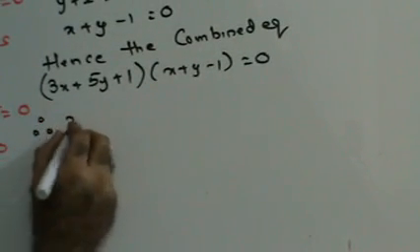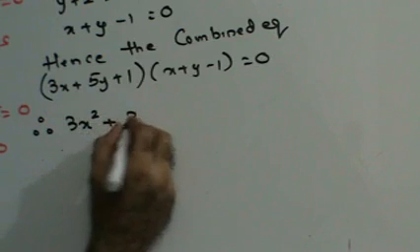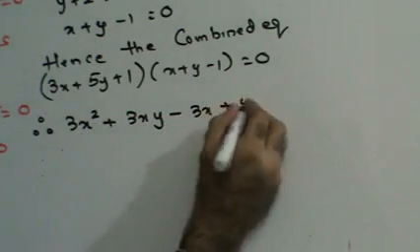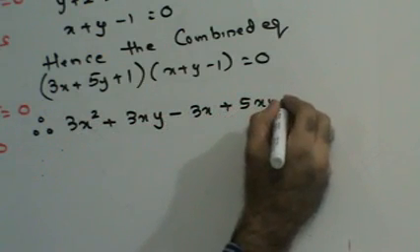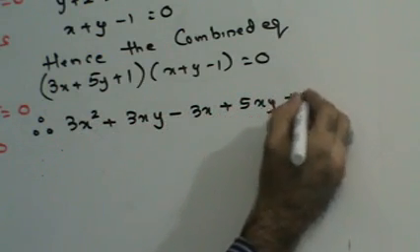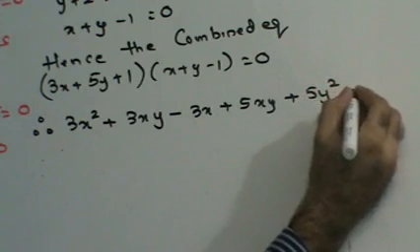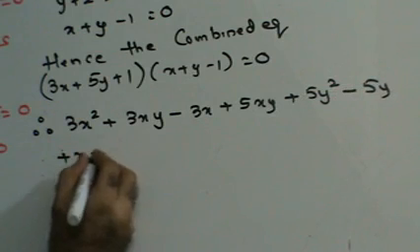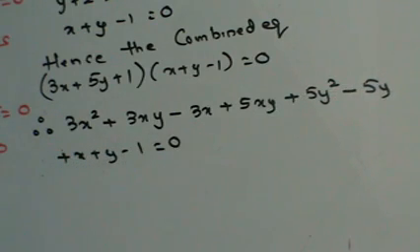Therefore, I can say that 3x square plus 3xy minus 3x plus 5xy plus 5y square minus 5y plus x plus y minus 1 is 0.